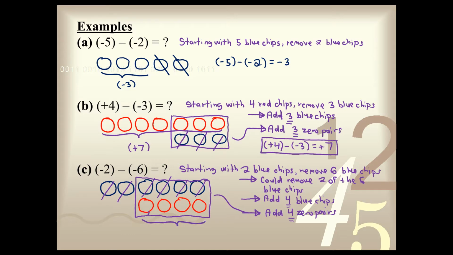And then what are you left with? You're left with 4 red chips. 4 red chips has an integer value of +4. So I wrote the subtraction statement down. The subtraction statement would be -2 subtract -6 is equal to +4.